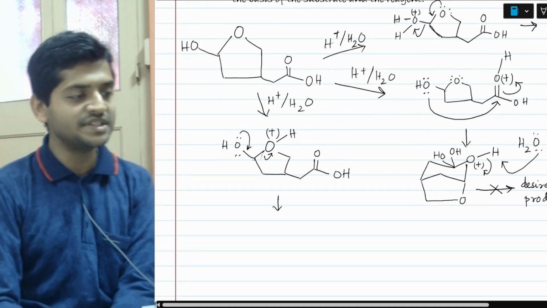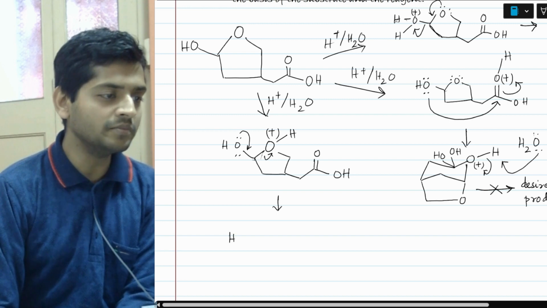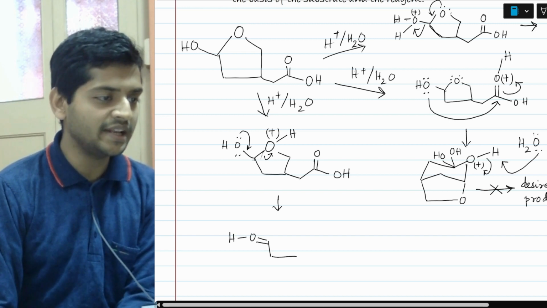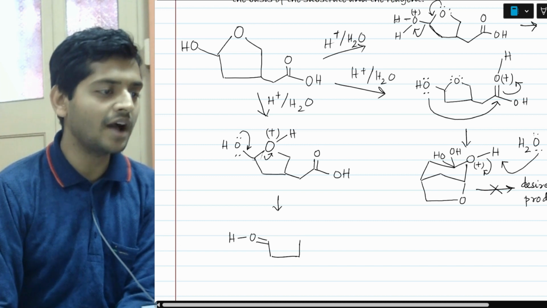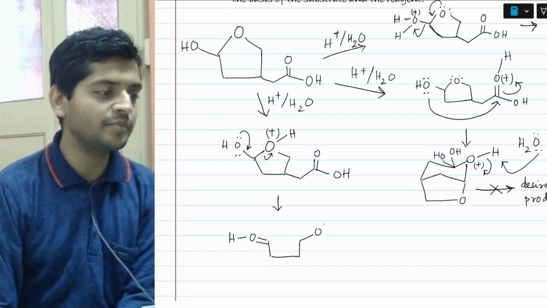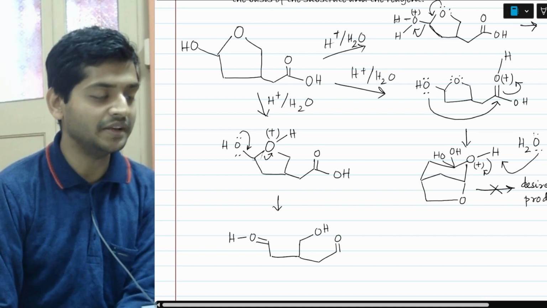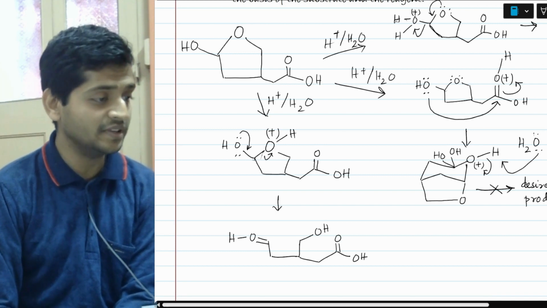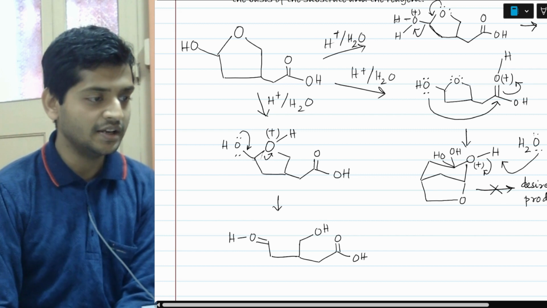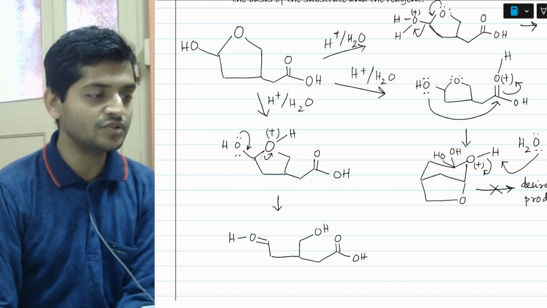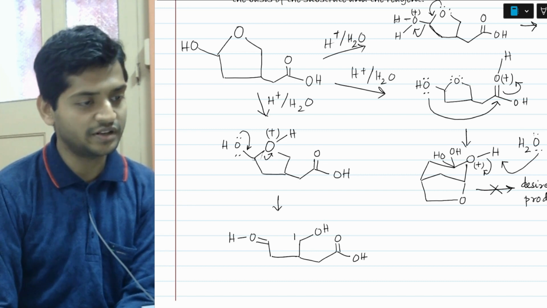And after it opens the ring, this oxygen will form a hydroxyl group, which can once again interact with the carboxylic carbon and possibly form a lactone ring. So this is one pathway which can absolutely produce our desired product.